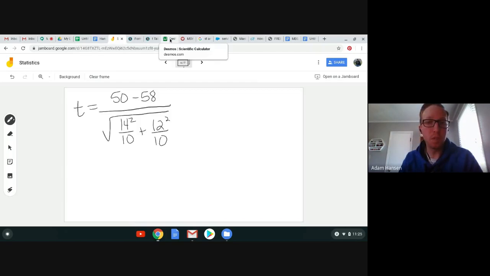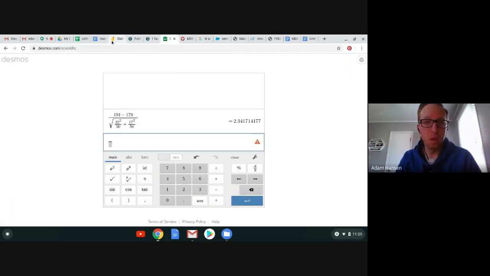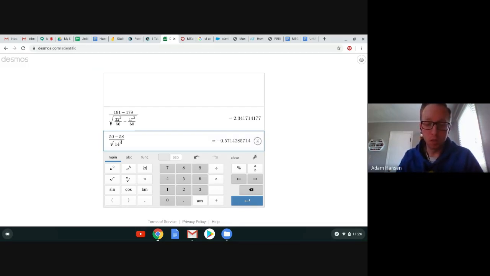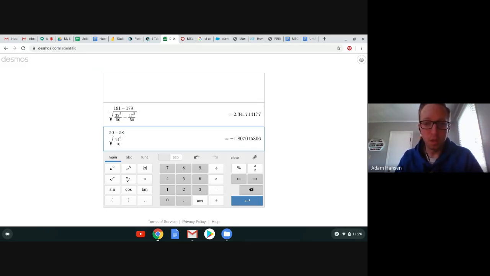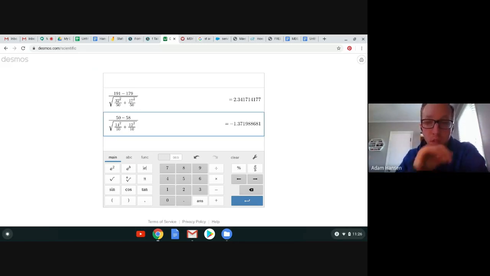I'll go on the Desmos and get this typed in. It was 50 minus 58, over the square root of 14 squared divided by 10 plus 12 squared divided by 10. Gives me negative 1.37. 1.372 if I round up.